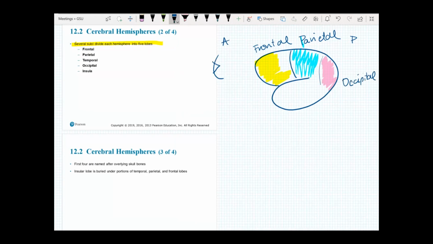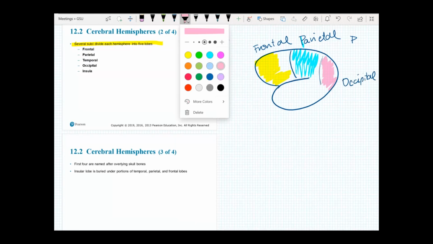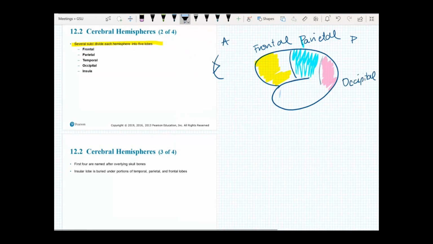And then this sulcus right here, that's actually a fissure, and your sulcus right here will separate everything. That will also separate your temporal lobe, which is this guy right here. This is your temporal lobe.